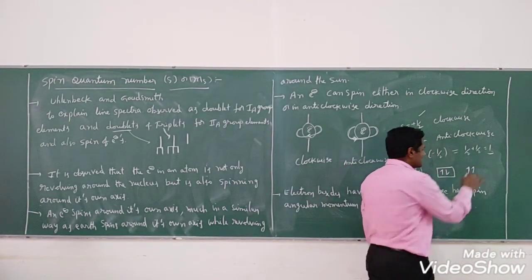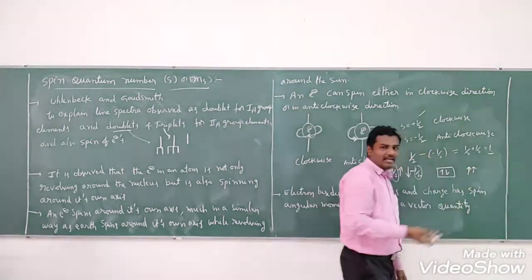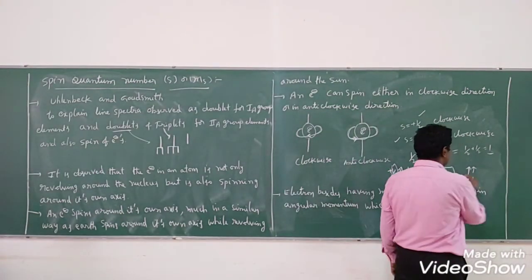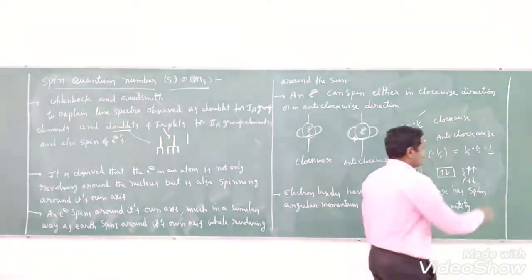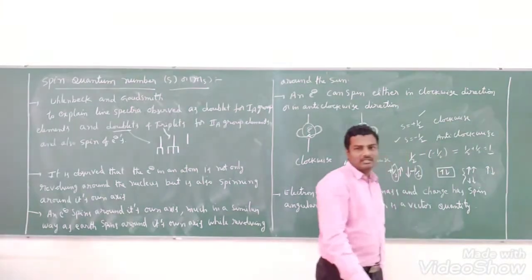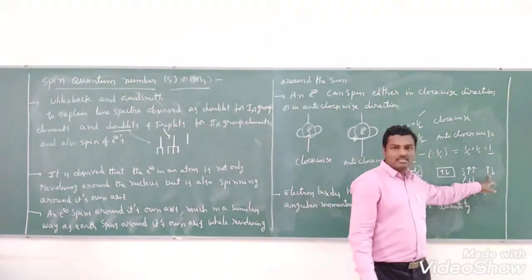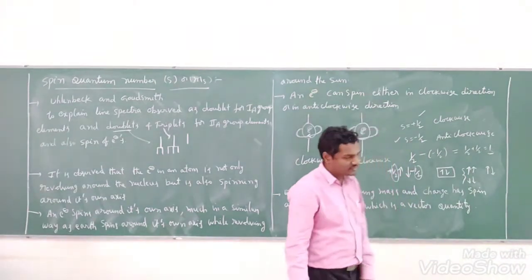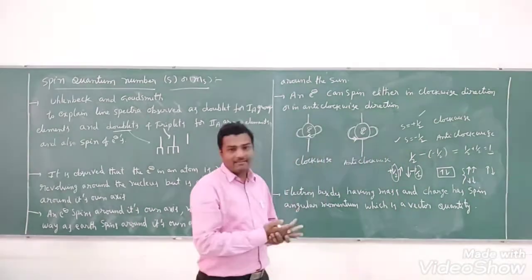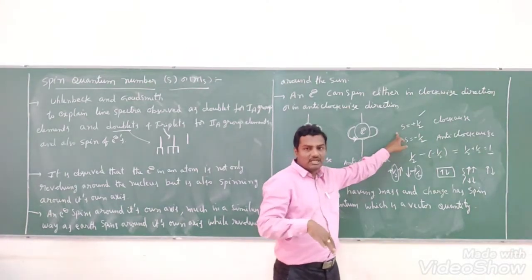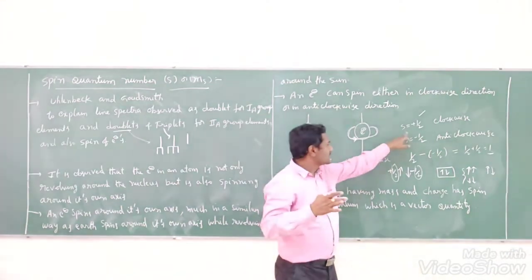If it is in this direction or the same direction, then we can call that parallel spins. These are opposite spins, spin paired we can call. This is parallel spin, students. So like that they have taken the spin quantum number values. If it is in clockwise direction, positive direction, that is plus half.